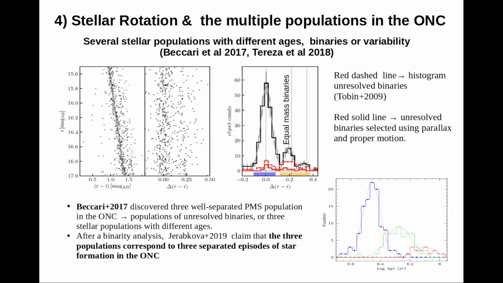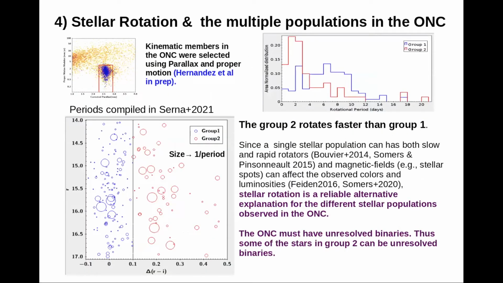And also, after analyzing the non-binary distribution, Teresa Gerakova claims that the three populations observed in this region correspond to three separate episodes of star formation. So I am using the same photometry provided by Giacomo Beccari to test an alternative explanation based on stellar rotation.